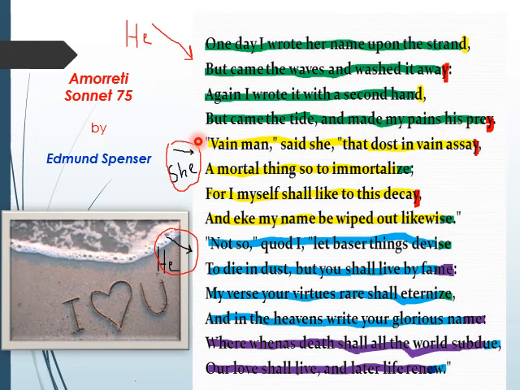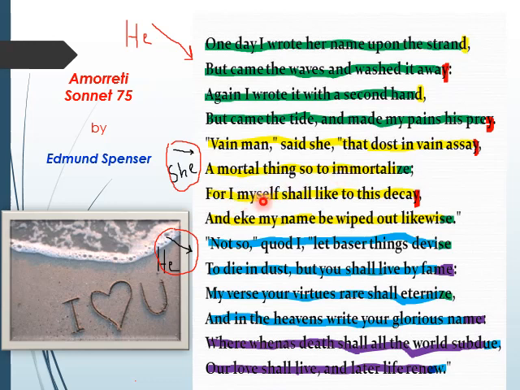So then she, the girl, commented on him, vain man, said she, that dost in vain say, a mortal thing so to immortalize.